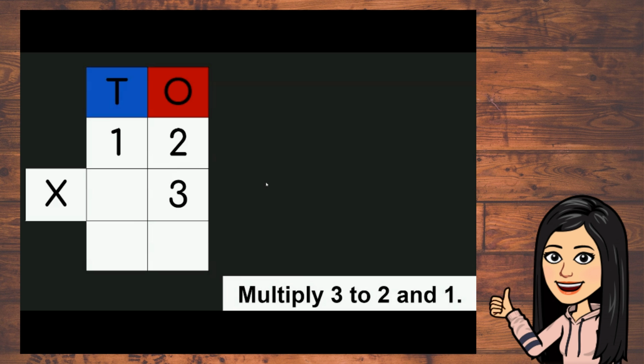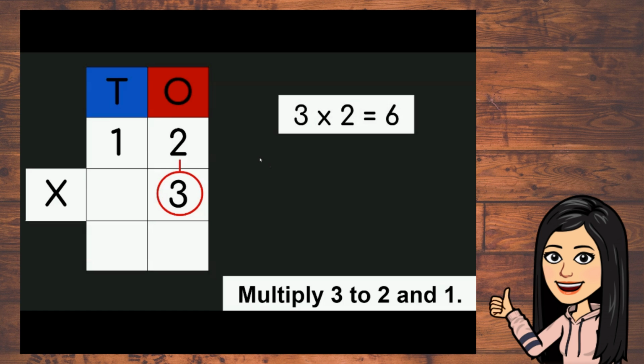Same procedure every time that we're going to encounter sentences wherein it involves addition, subtraction, division, and multiplication. You should always start doing it in the ones place. So we have 3 times 2. 3 times 2 is equals to, very good, 6.